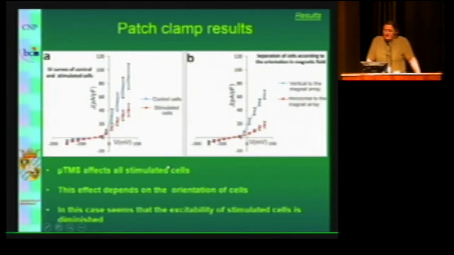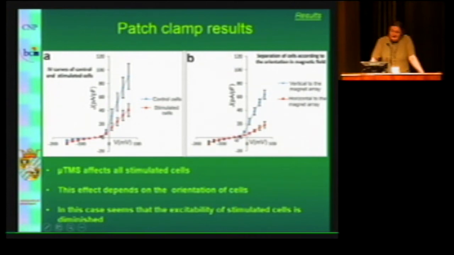And patch clamp results are also very interesting. What we see here is, we had two batches of cells, one that were stimulated and the other one that were not stimulated, and still kept under the same conditions. And what you can see is that the current density is decreasing significantly at 30 millivolt in stimulated cells.